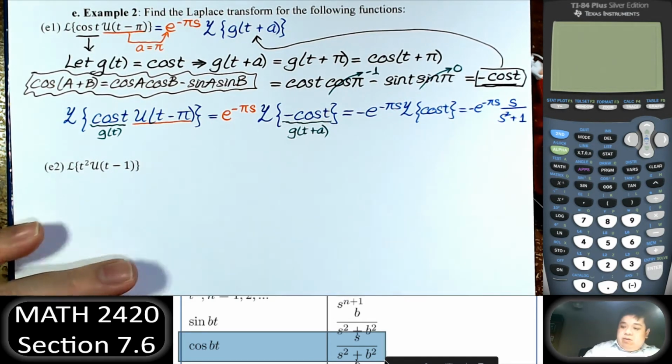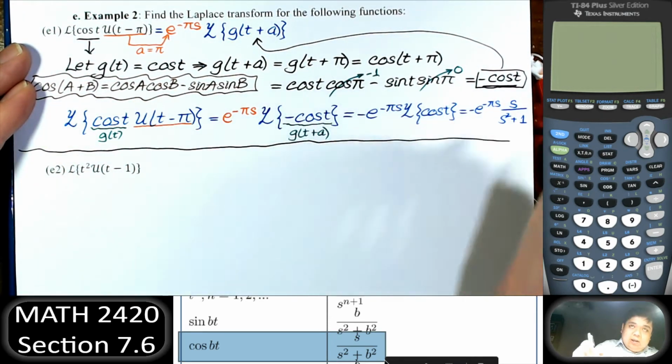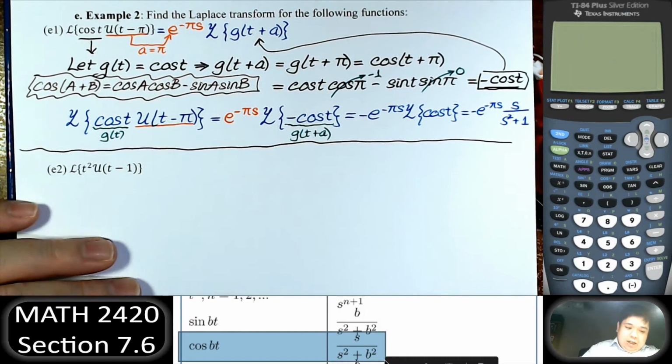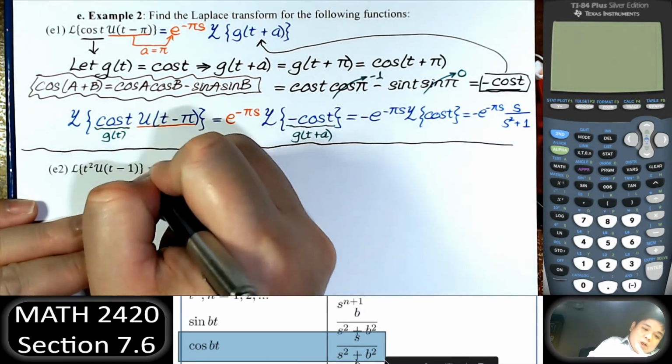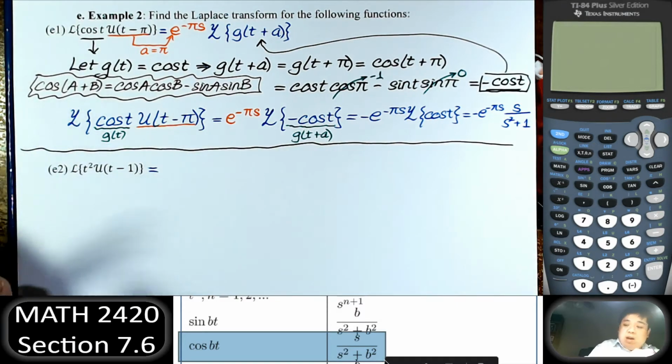Right. So next, Laplace transform of this function. So we have t squared times the unit step function u of t minus 1. t squared times u of t minus 1.